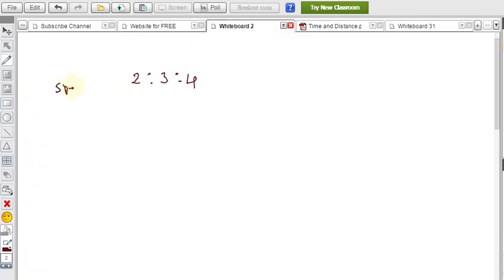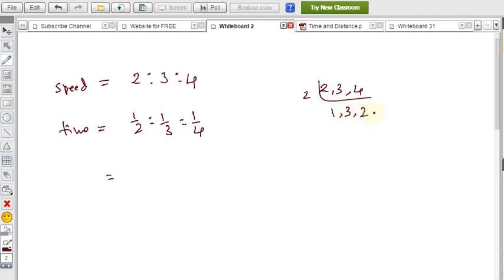So these are the speed ratio. Then time is inversely proportional to the speed. That means 1 by 2 is to 1 by 3 is to 1 by 4. This we have to simplify. 2, 3, 4, you take LCM, which is equal to 12.